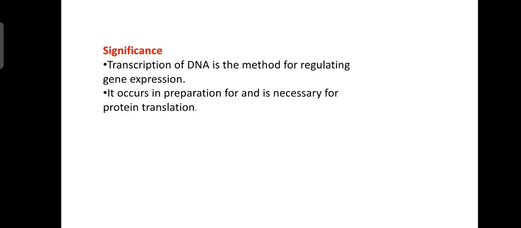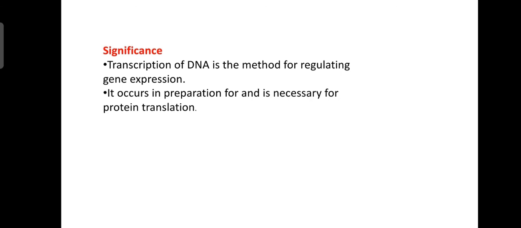Then, the significance: why do we need this transcription process? To regulate gene expression. In the first slide itself we learned that the first event in gene expression is transcription. For gene expression to take place, the first event, transcription, should be completed. Then translation should take place for a functional gene expression.